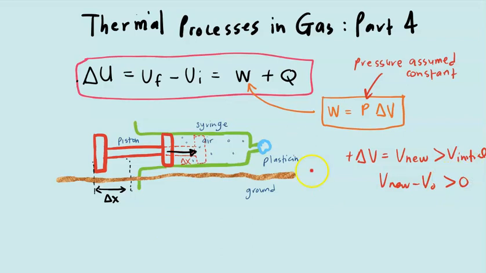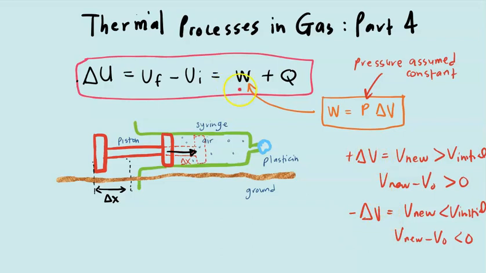So that is a positive. And a negative delta V is when V new is much less than V initial, or V new minus V naught, and the answer is less than 0. So that would give us a negative change in volume. So this is a positive change in volume. This is a negative change in volume.